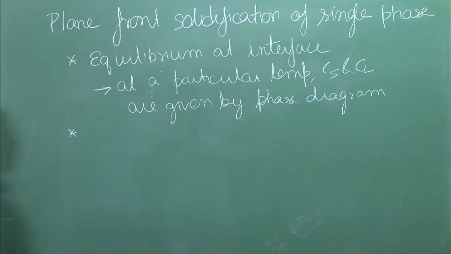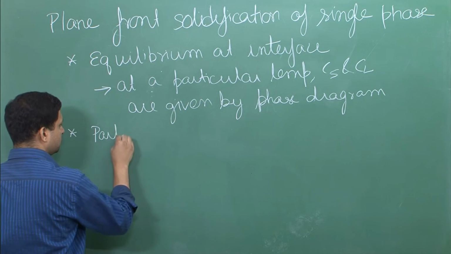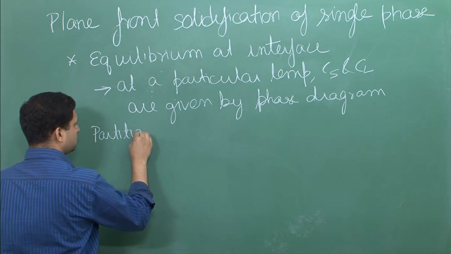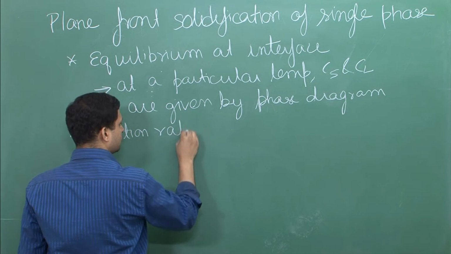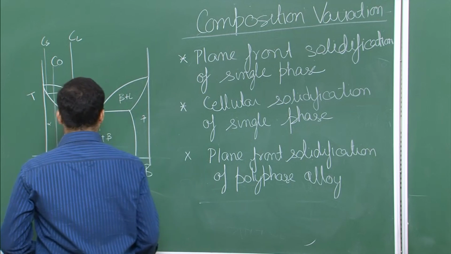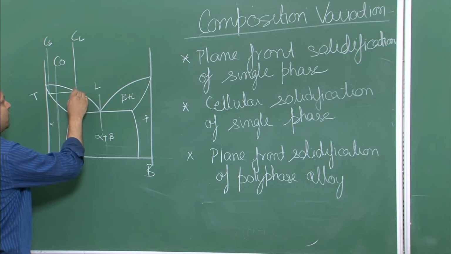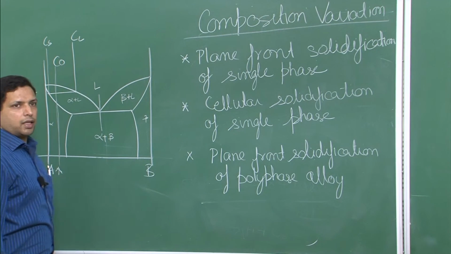Another assumption that we take is regarding the partition ratio. What is partition ratio? The term Cs by Cl. So you see we have drawn Cs, or for this particular temperature you have a Cs value and a Cl value.